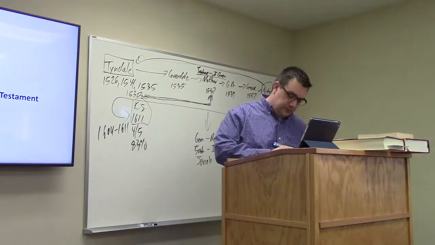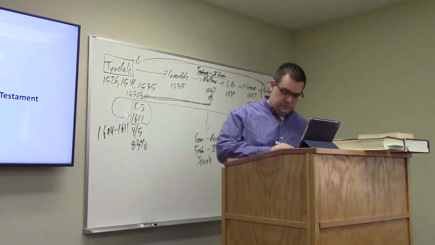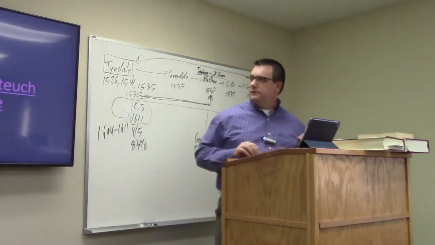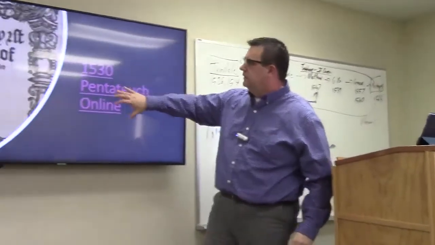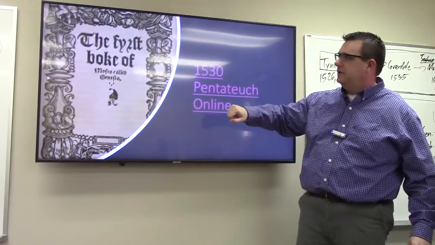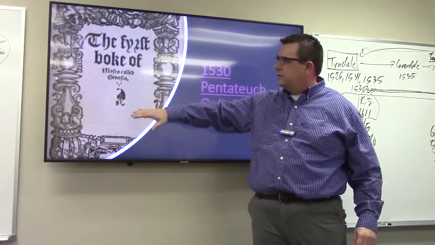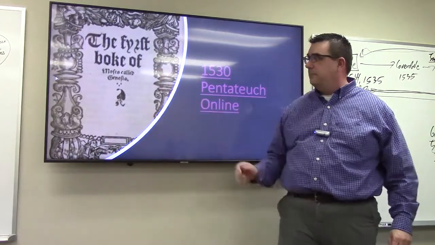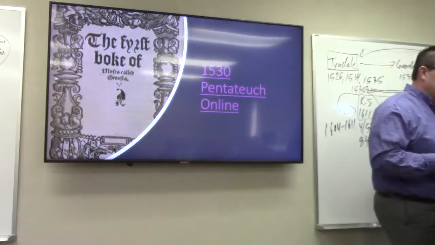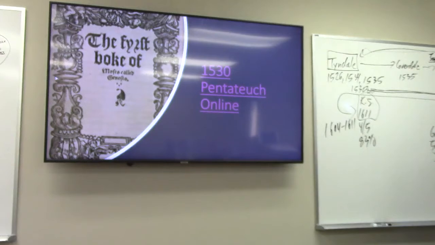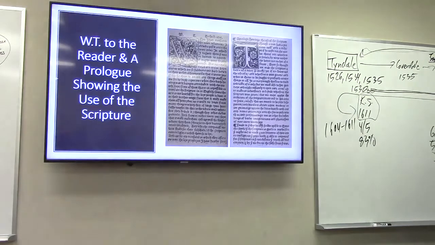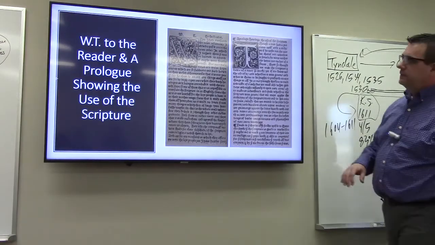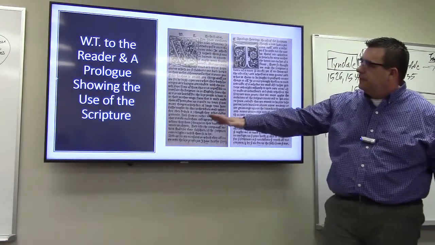So I have a few pictures here. So this is the cover page. This is the link where you can go to actually get this. But this is the first book of Moses called Genesis. This is a picture exactly from the 1530 Pentateuch. And then here we have, this page shows William Tyndale to the reader.